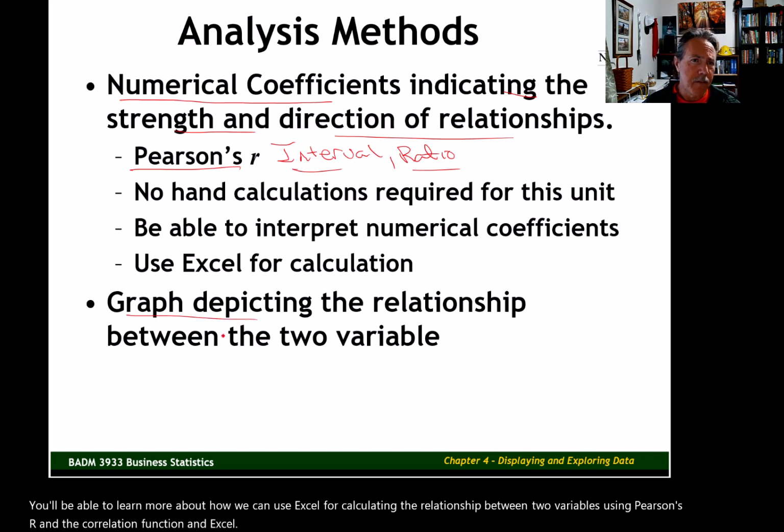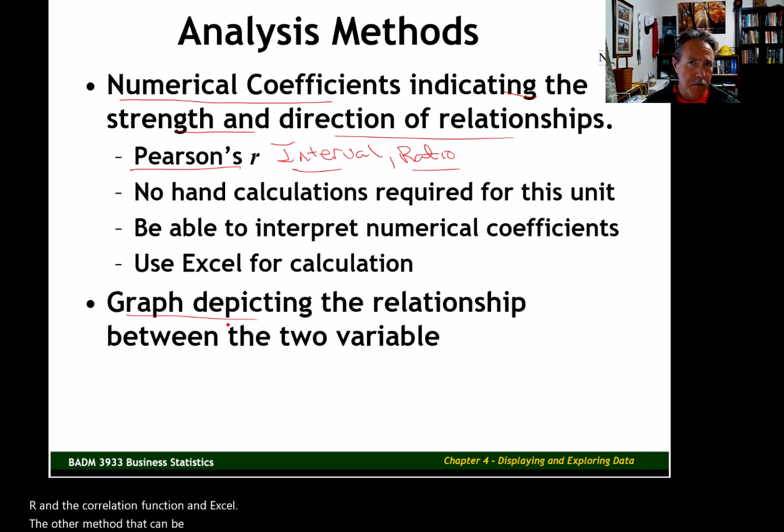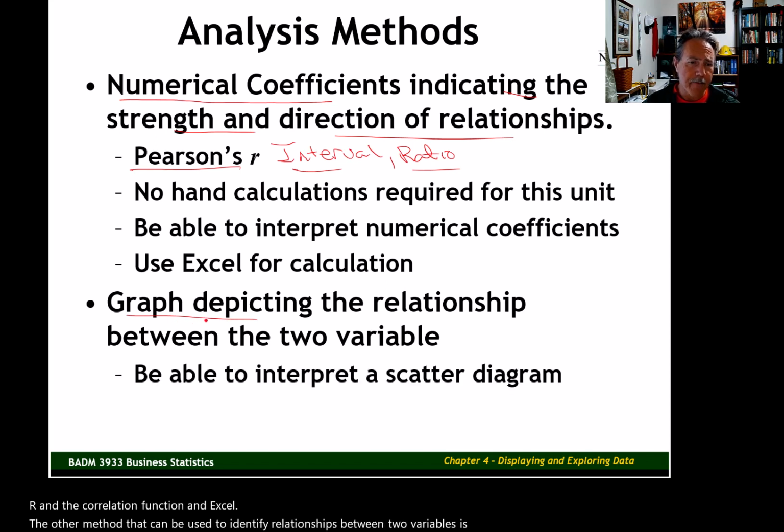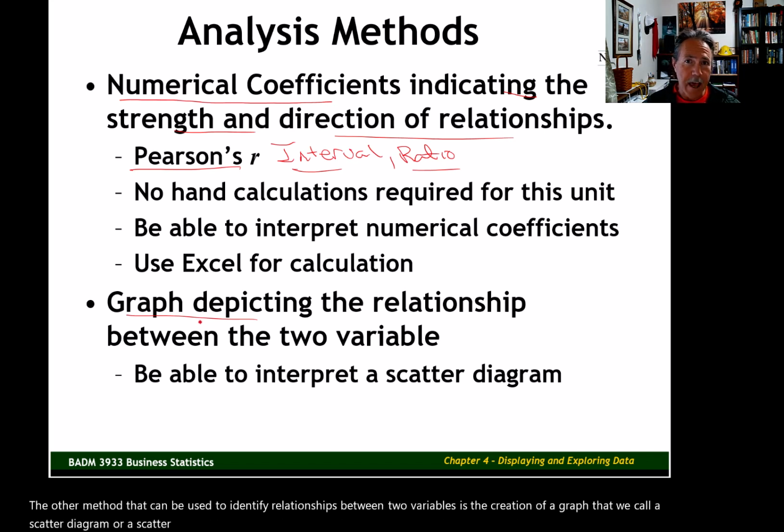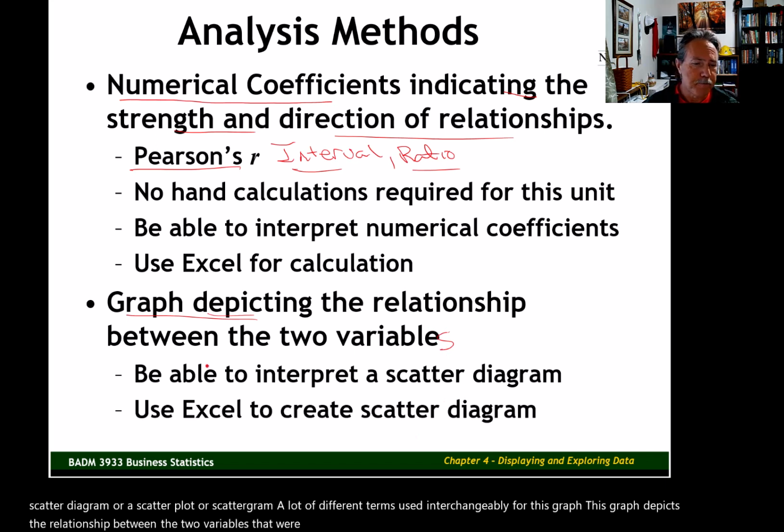The other method that can be used to identify relationships between two variables is the creation of a graph that we call a scatter diagram or a scatter plot or a scattergram, a lot of different terms used interchangeably for this graph. This graph depicts the relationship between the two variables that we're examining.